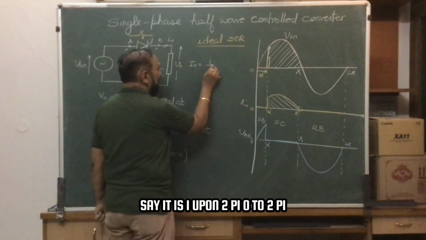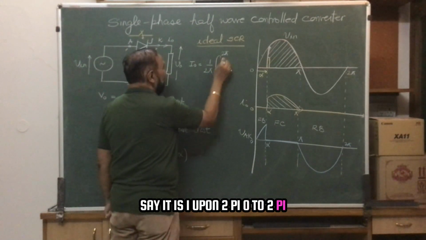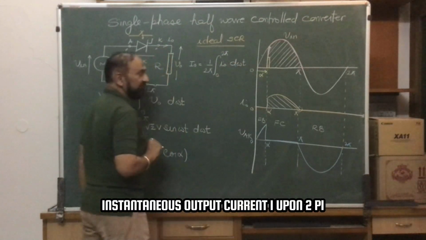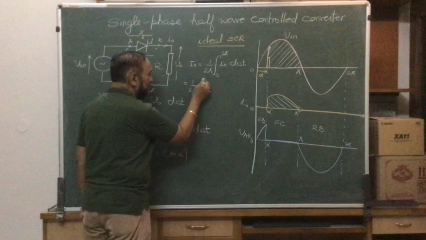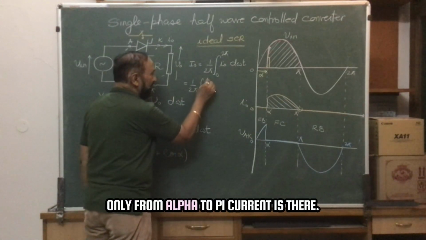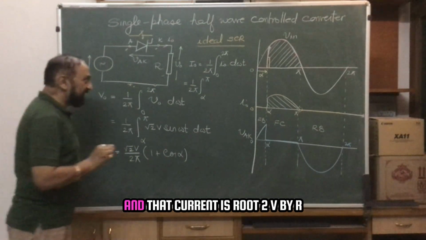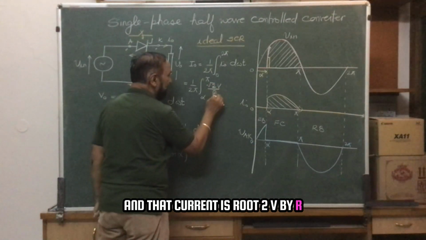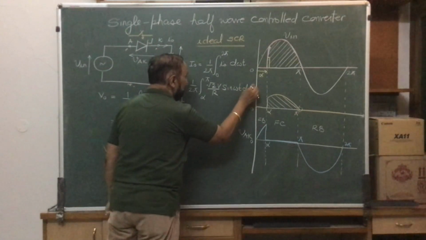So it is 1 upon 2 pi, integral 0 to 2 pi, instantaneous output current. 1 upon 2 pi. Only from alpha to pi current is there, and that current is root 2 V by R sine of omega t d omega t.